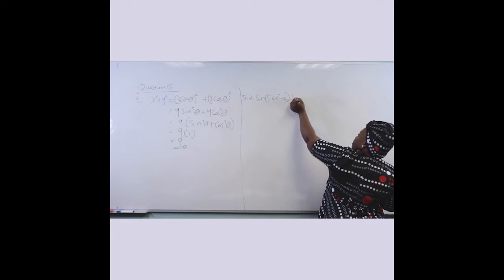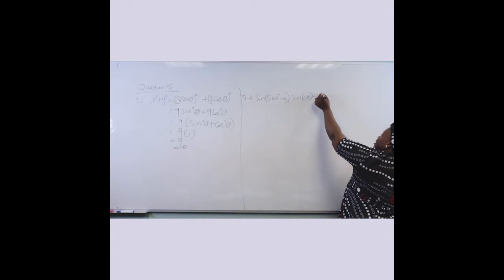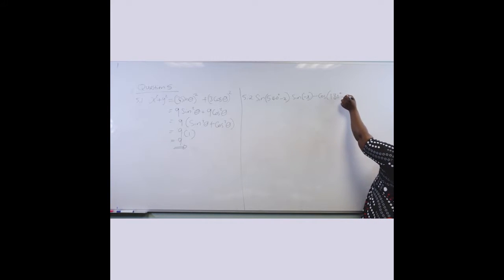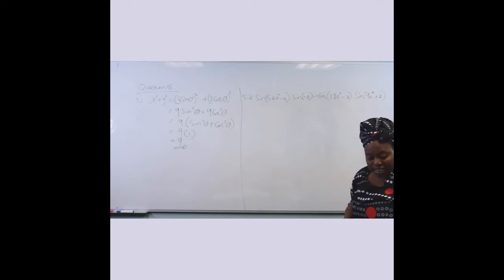Angle multiplied by sine of negative x minus cos of 180 degrees minus x, and multiply by sine of 90 degrees plus x. Folks, looking at this question, you can see the variety of many things. It is 6 marks.